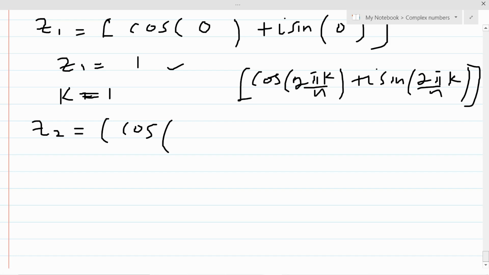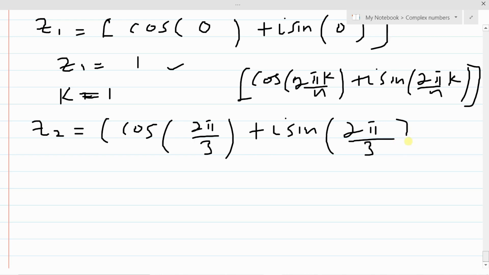So if I put 1 in place of k, what will I get? 2 pi times 1 becomes 2 pi over n, which is 3, then plus i sine 2 pi over 3. Right now let's try to simplify this.